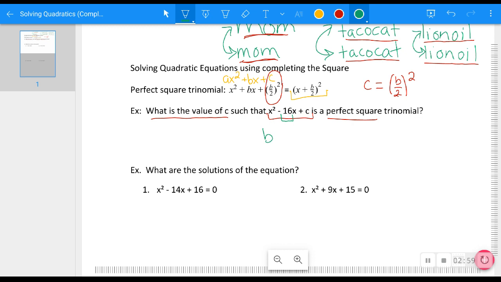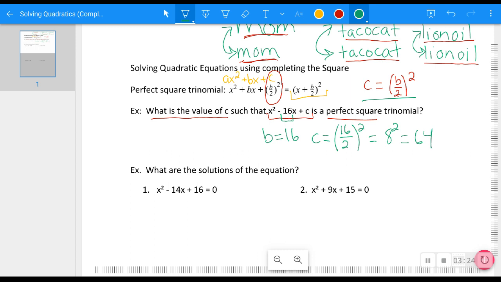So our b value is going to be 16. Then if we follow this rule from up here, our c that we want is going to be b, which is 16, over 2 squared. 16 divided by 2 is just 8, and we still have that squared up there. And 8 times 8 is 64.